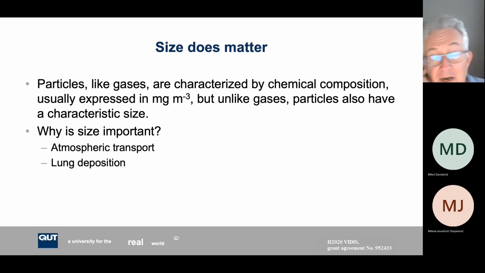As we said, bigger particles settle quicker in the atmosphere, therefore their atmospheric transport will be influenced by particle size, as well as lung deposition, which is like atmospheric transport in a small scale, and their deposition also makes a significant difference depending on the particle size.